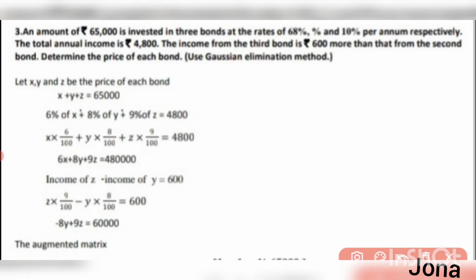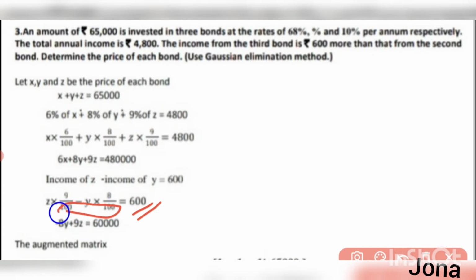This income of z is nothing but z into 9 by 100, minus income of y, which is y into 8 by 100, equal to 600. So I can write this as an equation, minus 8y plus 9z equal to 600 into 100.